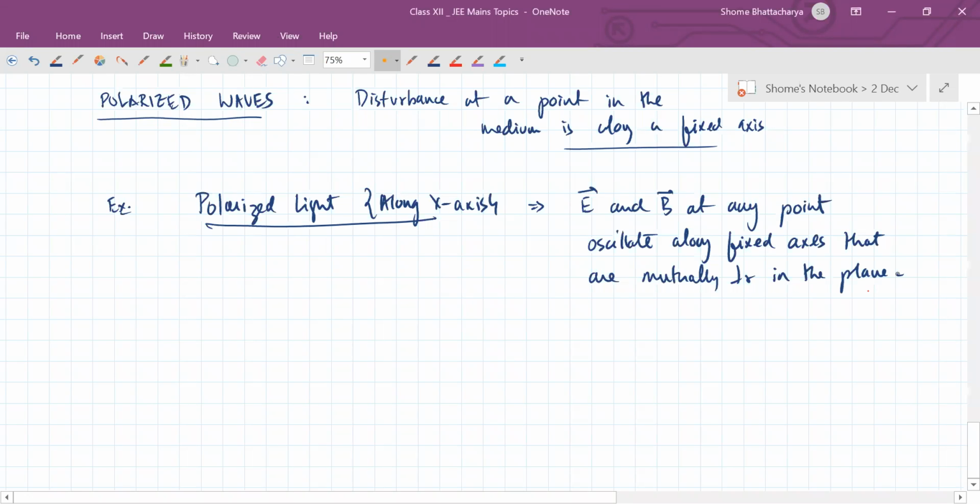So in the plane perpendicular to the propagation axis.